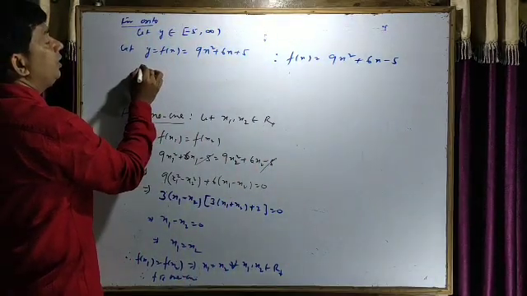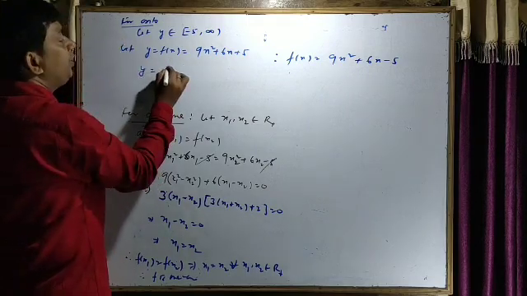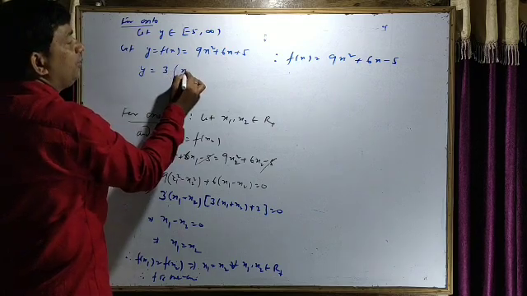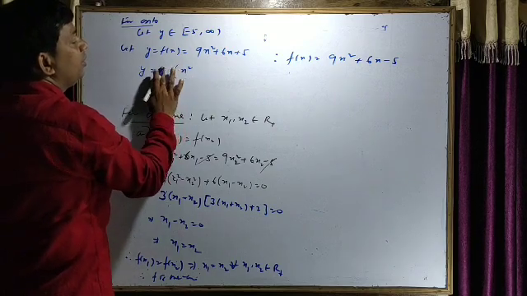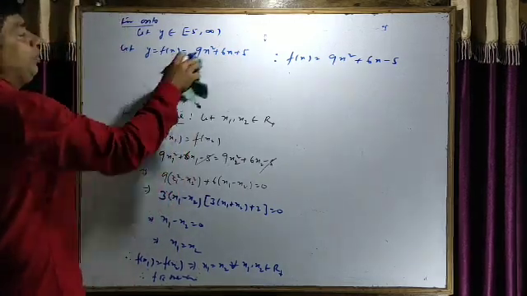So make it a perfect square. y equals 9 if you take common, then x square. How can we make this a perfect square?